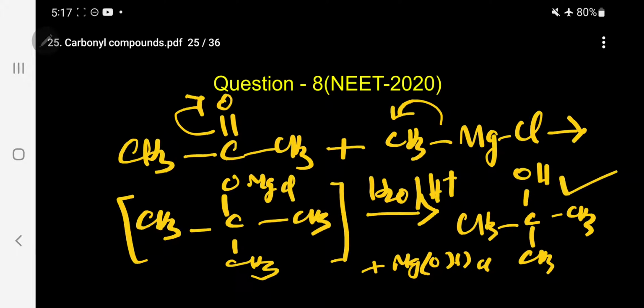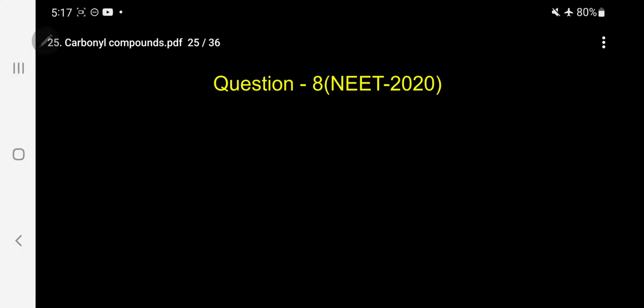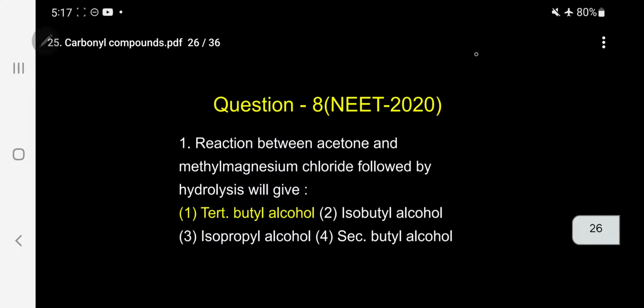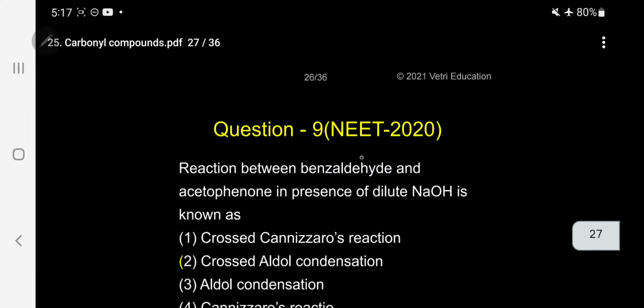So tertiary butyl alcohol is the product formed. Very, very easy. Theoretically, I told you it should be a tertiary alcohol, but specifically it is tertiary butyl alcohol. So the answer is 1, tertiary butyl alcohol.